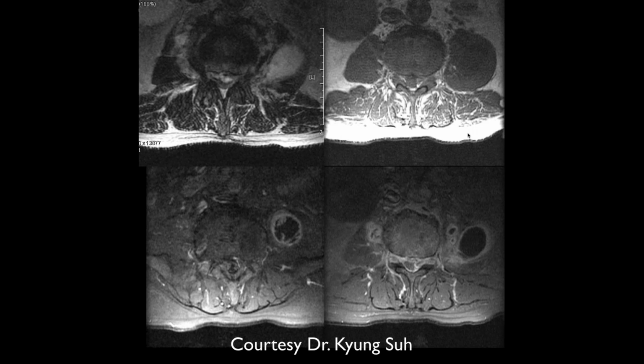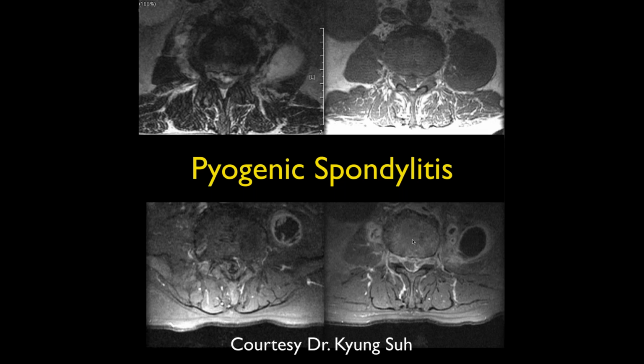There's an abscess in the left psoas muscle as well, and also on the right side. So, yeah, we have discussed this: osteomyelitis with paraspinal abscesses. These are generally thought to usually start in the end plates, extend into the disc, and from the disc extend out into the surrounding soft tissues and the psoas muscles.